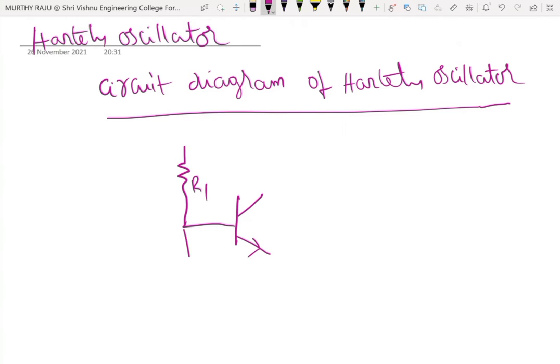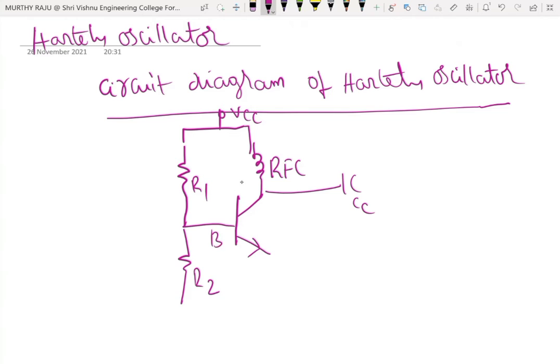R1, R2. Here, in place of RC, we use RFC, radio frequency choke, VCC, base, collector and emitter, resistance RE, and emitter bypass capacitor CE.